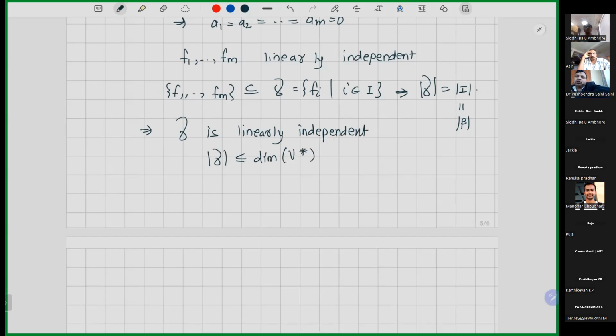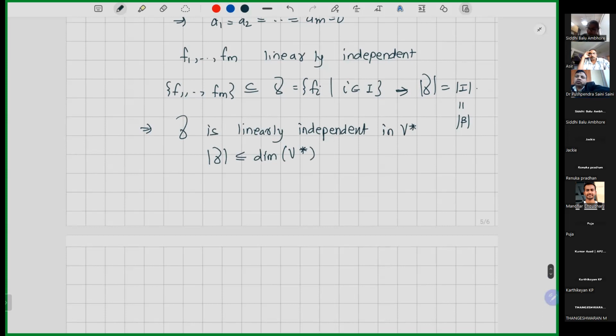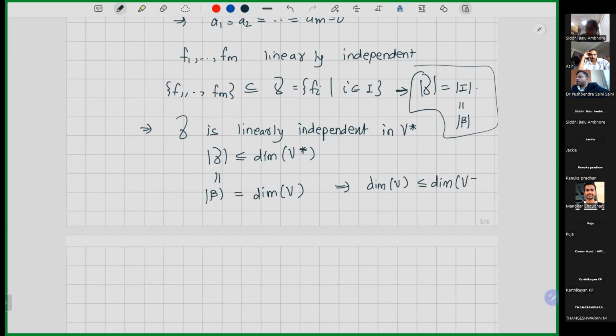This is true for any vector space: the cardinality of any linearly independent set is at most its dimension, since dimension is the maximal cardinality of any linearly independent set. This is the cardinality of beta, which is dimension of V. So dimension of V is less than or equal to dimension of V star. Is it okay now?